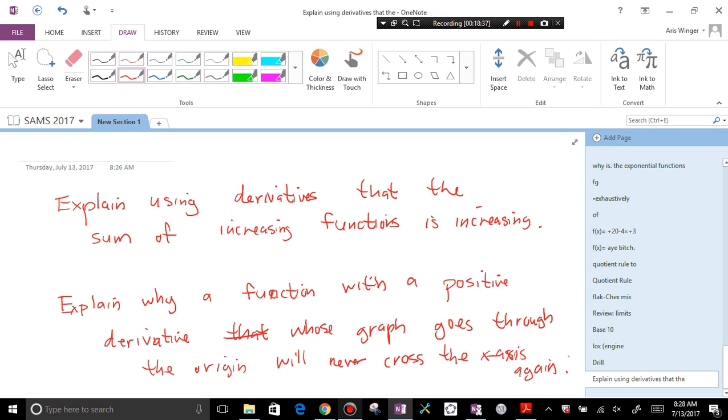If you can explain it in a sentence, can you do that? I would prefer a sentence. An explanation should be in sentences. Either one is fine.